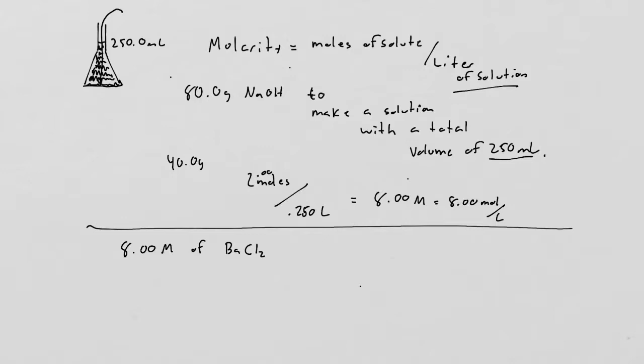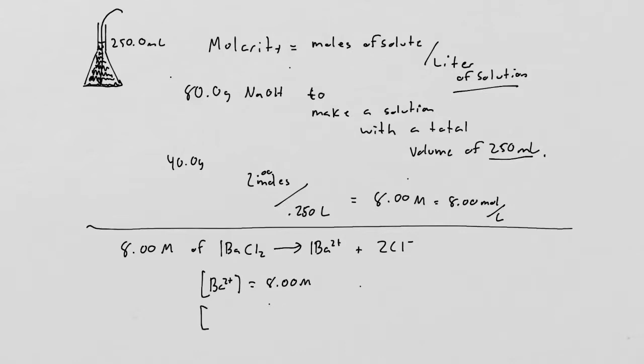But what you want to recognize is that when the barium chloride got into the water, the ions dissociate. And whenever this dissociates, for every 1 barium 2+, I get 2 of these chloride ions. So the concentration, I'm going to use brackets here, the concentration of the barium ions would be the same as the concentration of barium chloride, because it's a 1-to-1 relationship. So that would be 8.00 molar with respect to the barium ion concentration.